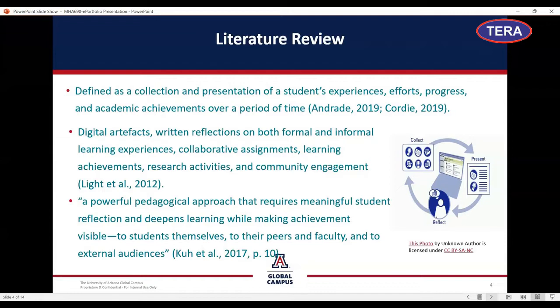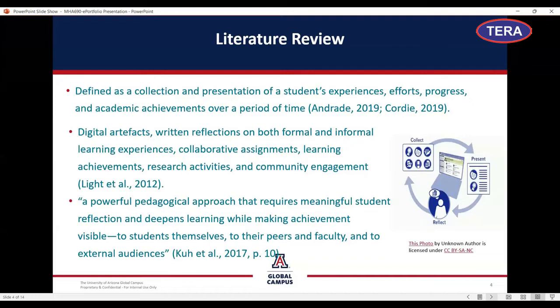According to Coo and Etl 2017, the e-portfolio is a powerful pedagogy approach that requires meaningful student reflection and deepens learning while making achievement visible to students themselves, to their peers and faculty, and to external audiences.